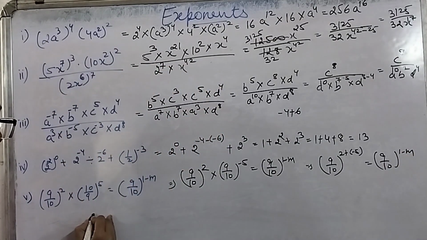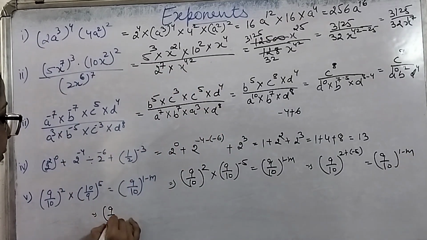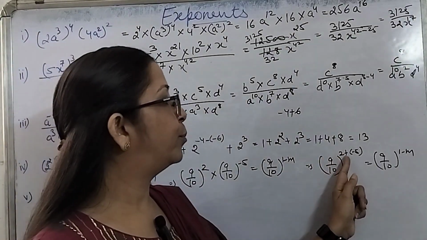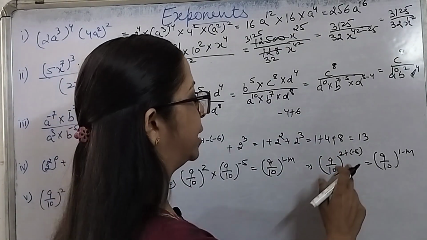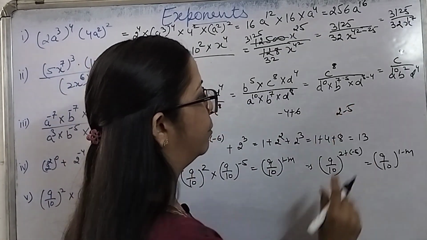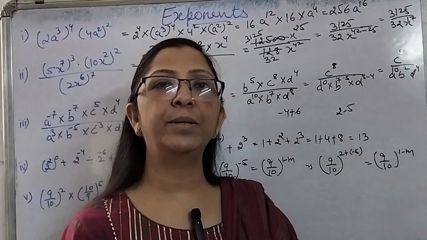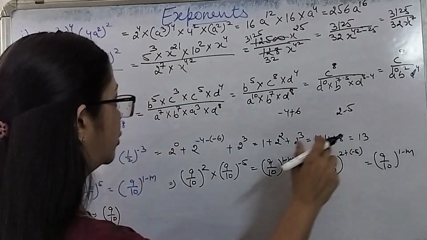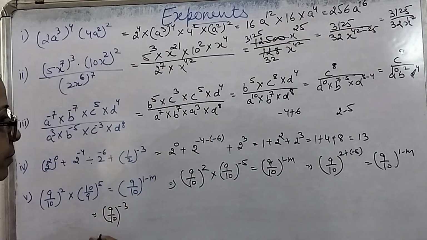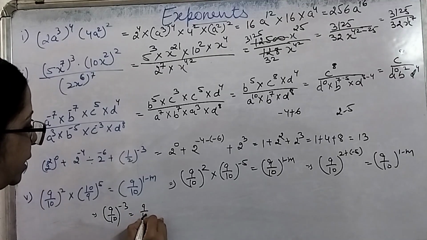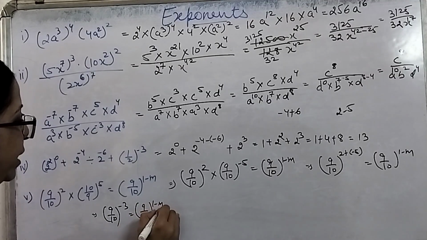If we will solve it further, 2 plus minus will become minus, and 2 minus 5 will be minus of 3. So it will be 9 upon 10 raised to the power minus 3. It is equivalent to 9 upon 10 raised to the power 1 minus m.